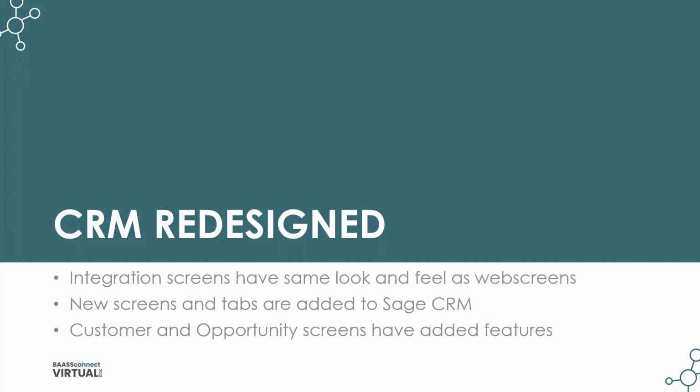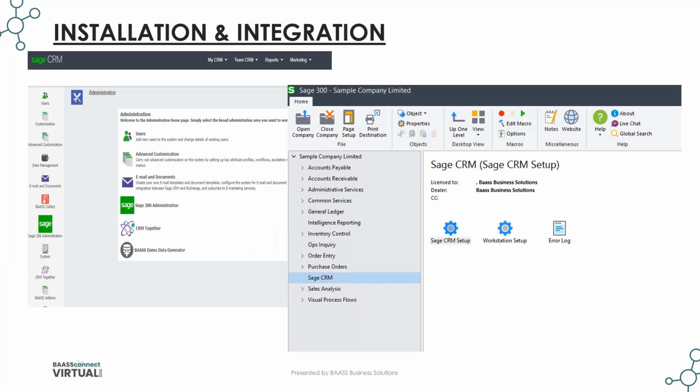So to begin with, when we install the Sage CRM integration component, this component enables the information to flow from Sage CRM to Sage 300. Once the integration component is installed and activated in Sage CRM and Sage 300, we will be able to see new icons added to both.